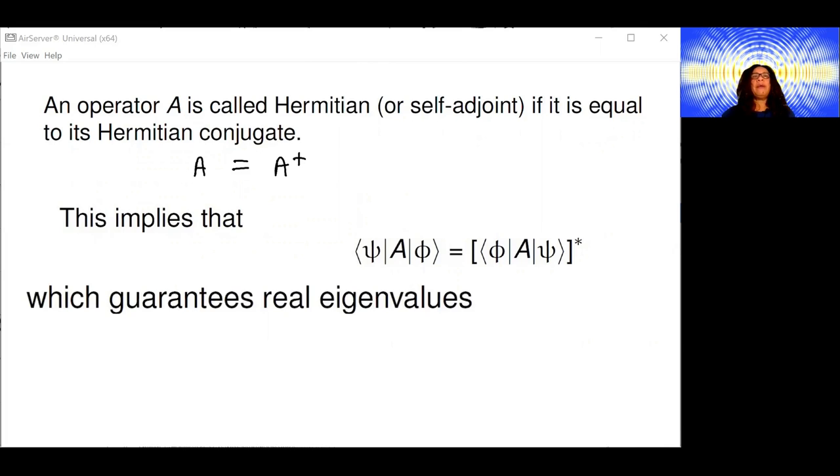So what I'm going to do is I'm going to prove this, and we're going to have a look.